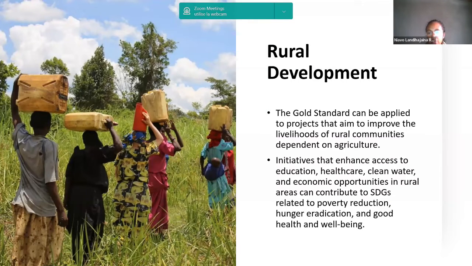And initiatives that enhance access to education, healthcare, clean water, and economic opportunities in rural areas can contribute to SDGs related to poverty reduction, hunger eradication, and health and well-being.